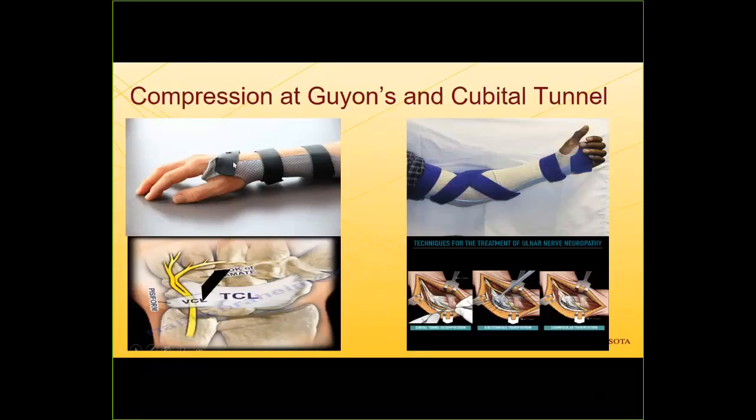So this would be a similar orthosis that we would use like in median nerve compression to take pressure off the nerve as it goes through Guyon's canal. We'd also teach them perhaps some preparatory interventions that might help to stretch some of the structures and to make the nerve glide better through that area. I won't get into that. A surgeon might also inject some cortisone into that area to help reduce the inflammation on the nerve.